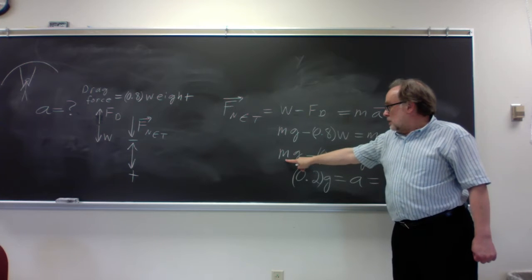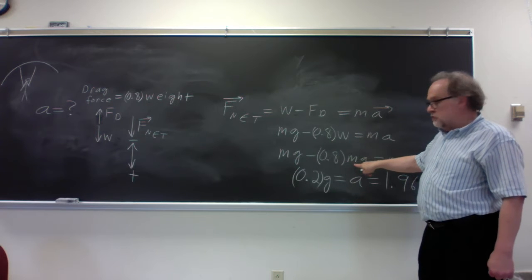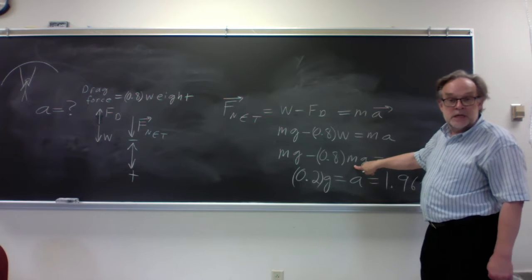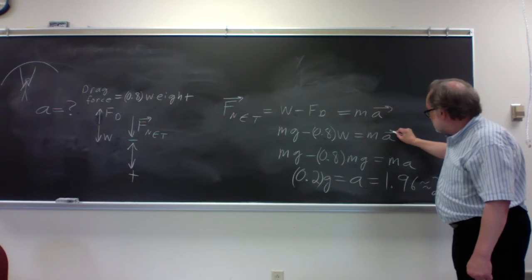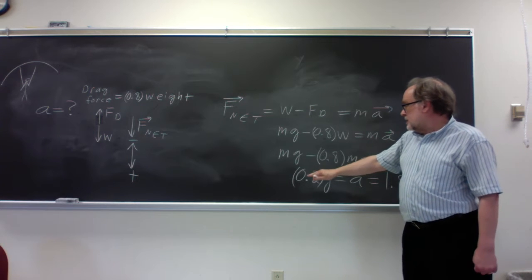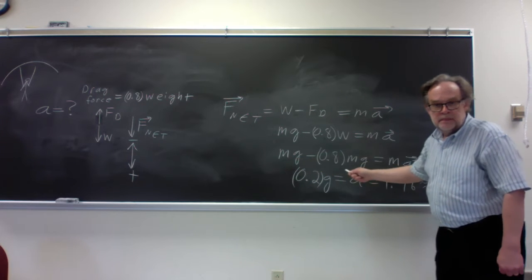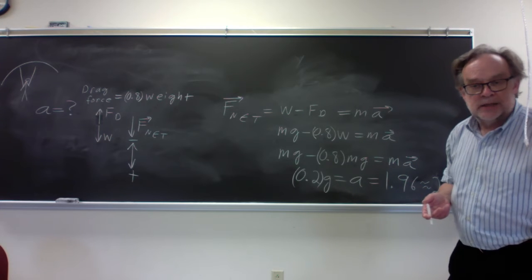So the weight mg minus 80% of mg, because mg is the weight, that's the net force, so it's equal to mass times acceleration. But there's an m in every term in this equation, so we can cancel it out conveniently.